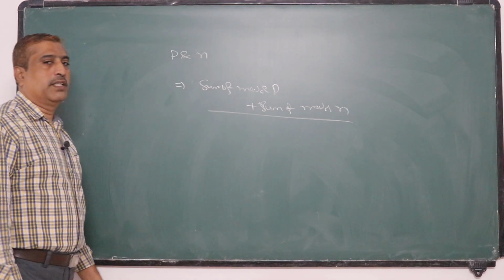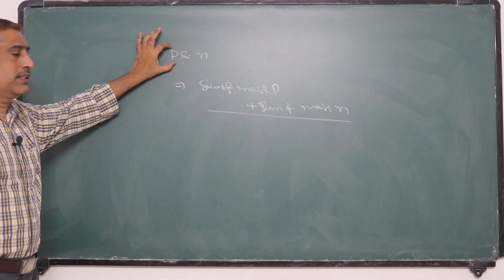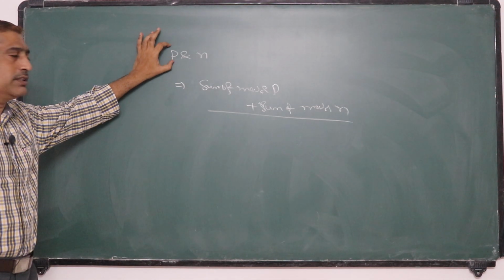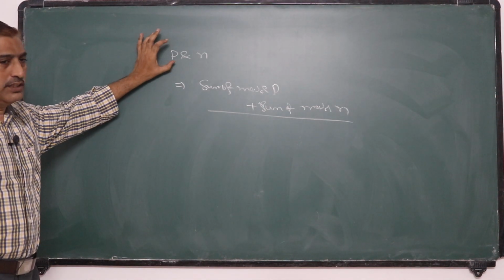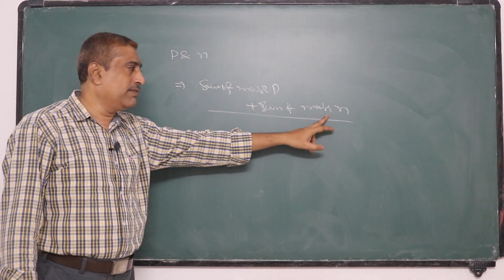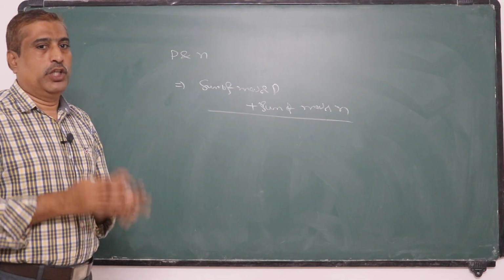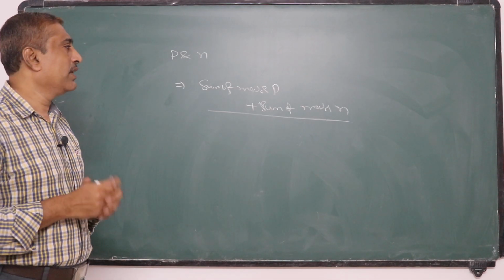As protons and neutrons are the constituent particles of the nucleus, the mass of the nucleus is the sum of the masses of the individual nucleons.